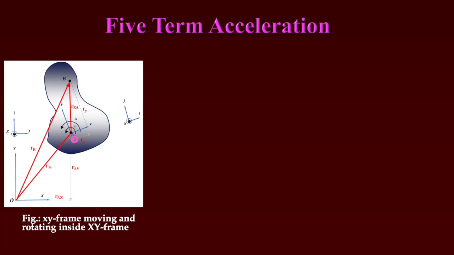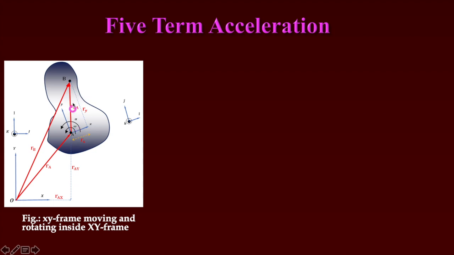Point A is the origin of the moving reference system. The position vector of this point A with respect to the fixed reference system capital XY is RA. And this RAX and RAY are the components of RA, means RA is the vector summation of these two components.